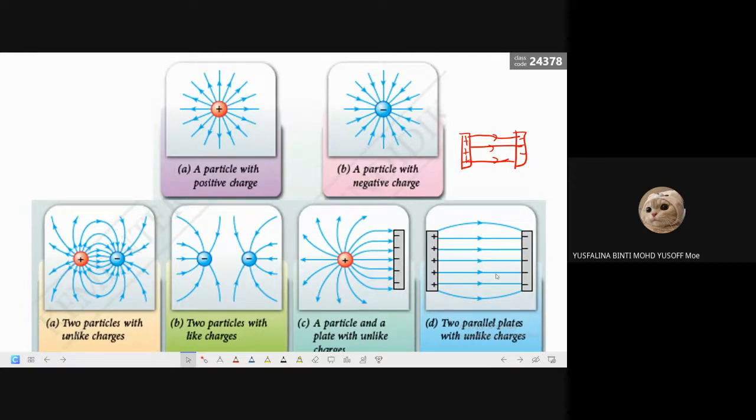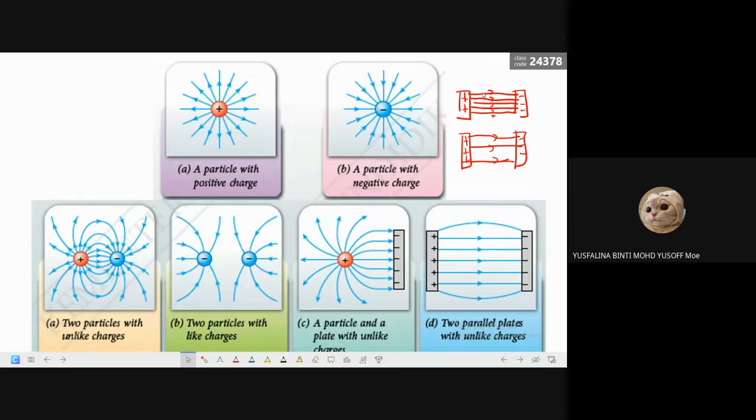And another one: if the field lines are closer to each other. Let's say I have another example here, like this. If we compare the lines, we already know this one has the stronger electric field, the magnitude is stronger. But you can see the lines are closer to each other.